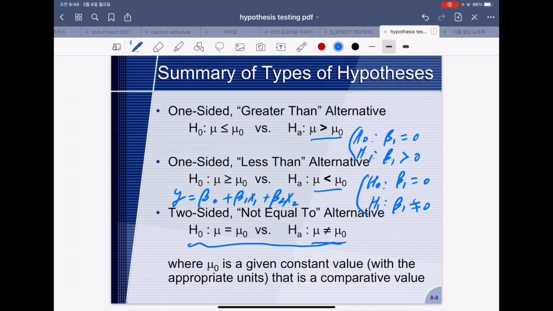Right? So usually, the statistical package sets up hypothesis like this, two-sided test, right?